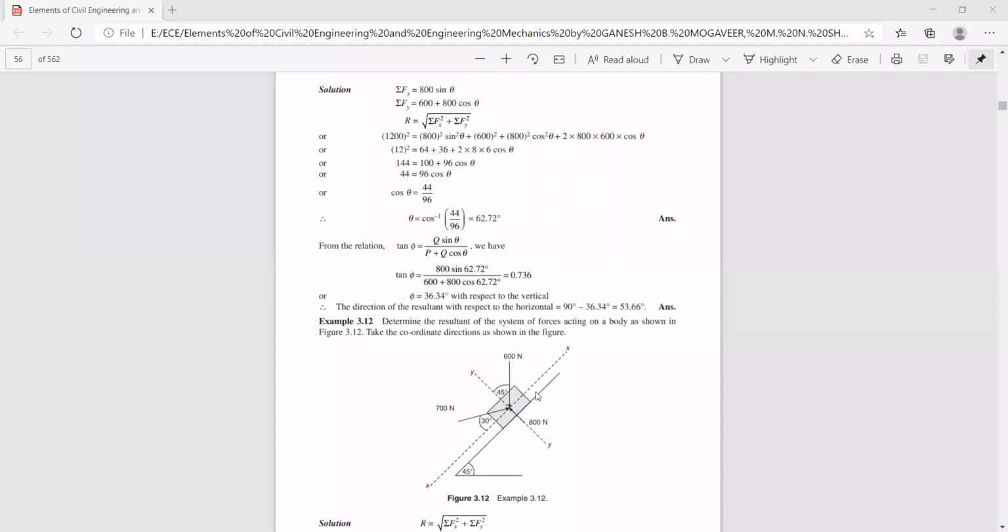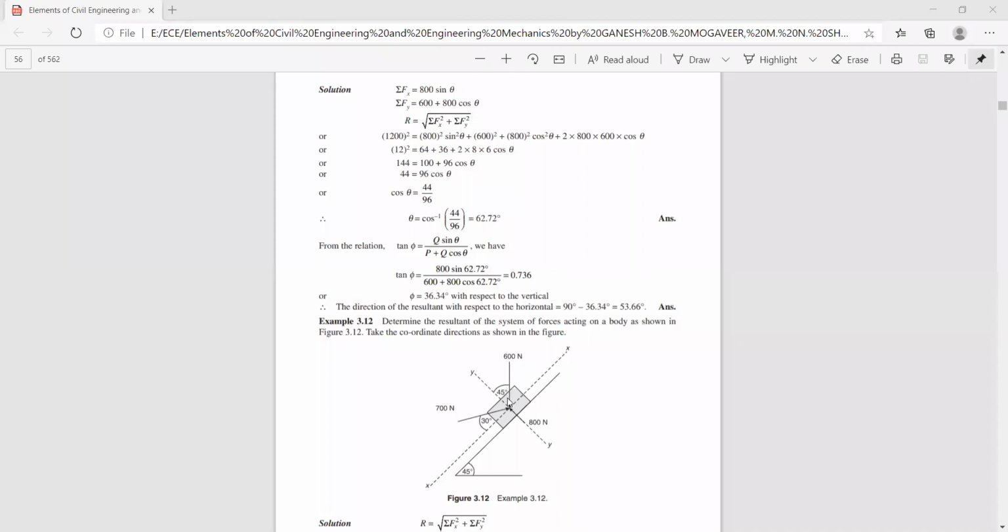Now we shall find the sum of horizontal and vertical components of this figure. So sigma F of x. Now you can see here this force, correct? If I draw a separate figure, this is the y-axis and this is the x-axis.